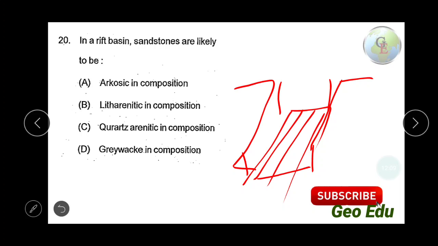So with time it gradually erodes, undergoes weathering, and gives rise to sediments more feldspathic in composition. So the rock will be more feldspathic, that is arkosic in composition.